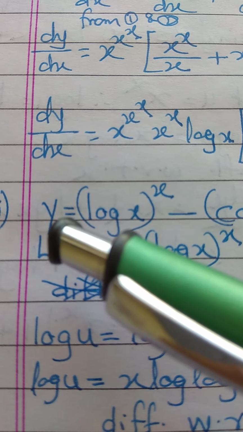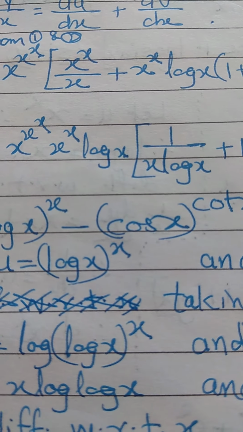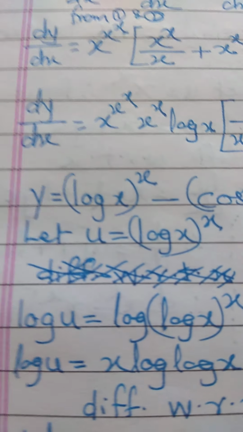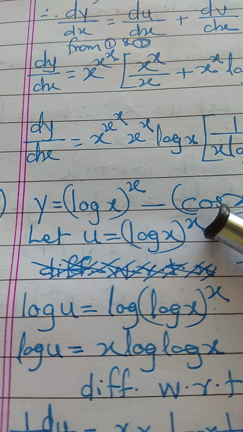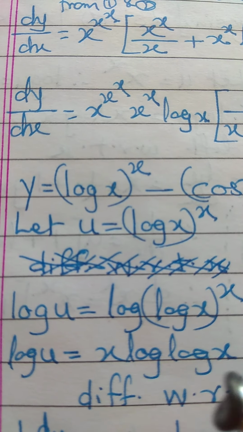Roman 3, same type of problem. y equals log x raised to x minus cos of x raised to cot of x. Let u equal log of x raised to x. Now taking log on both the sides, what will we have here? Log of u.